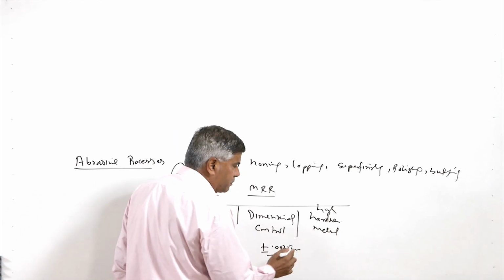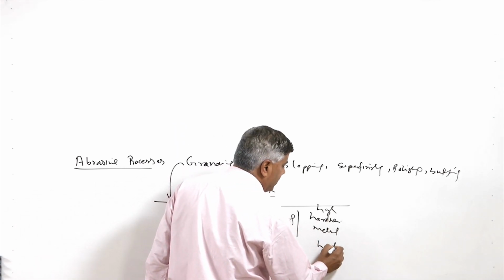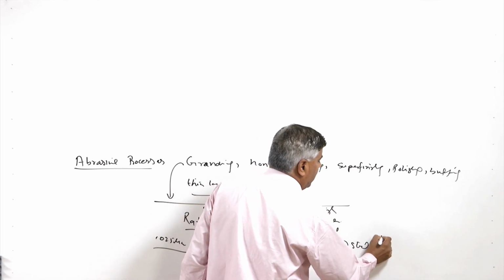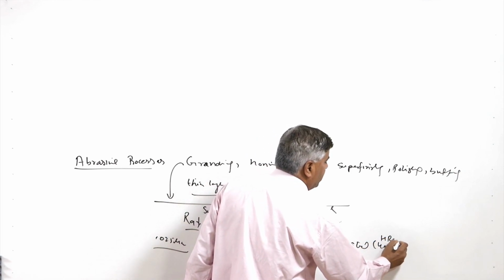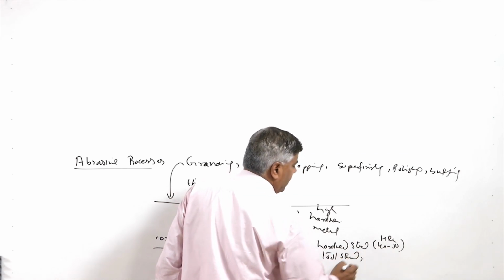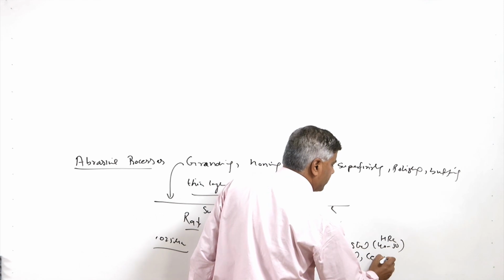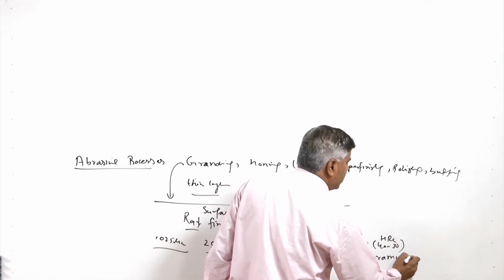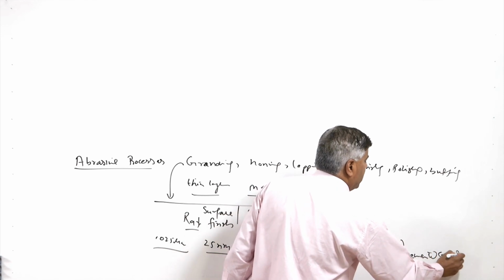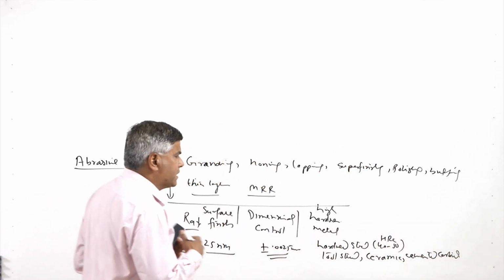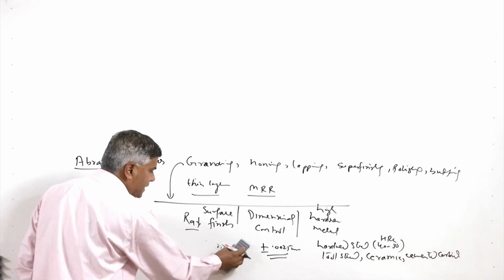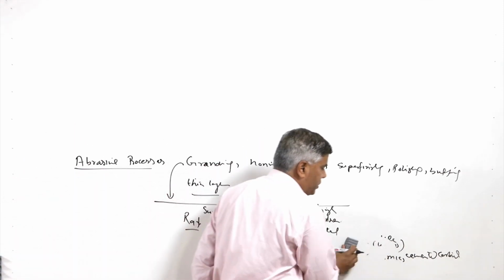High hardness materials like hardened steels, hardened to HRC 40, 50, tool steels, ceramics and cemented carbide can also be easily subjected to removal of fine material, so that the desired size and shape can be achieved.